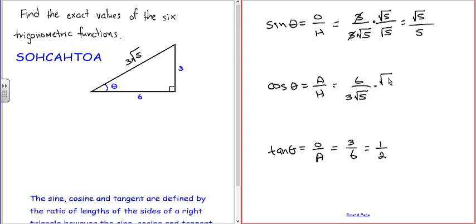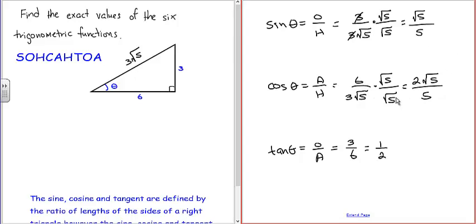And you can do the same thing here. You can multiply and divide by the square root of 5. So 6 divided by 3 is 2. Square root of 5 divided by 5. So 5 times the square root of 5 times the square root of 5 is 5. 6 divided by 3 is 2.